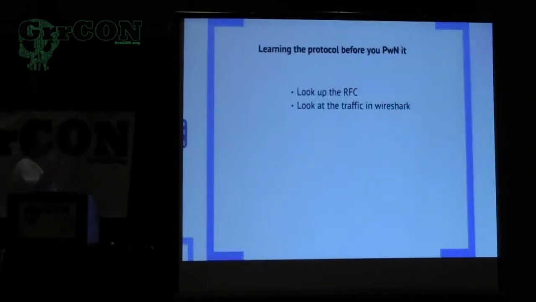So first thing, TFTP. We have to learn it before we can pwn it. Before we can start fuzzing, we have to know what in the world it is, how it communicates, on a very basic level, all the way down. We look at 2 ways to find out how that protocol works. Firstly is looking at the RFC, which is usually a pretty big document.